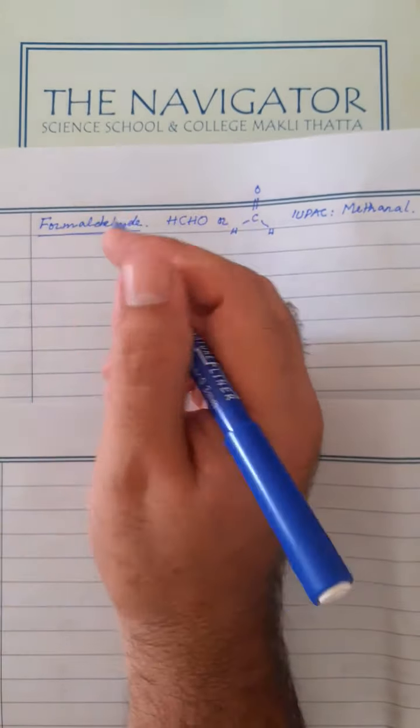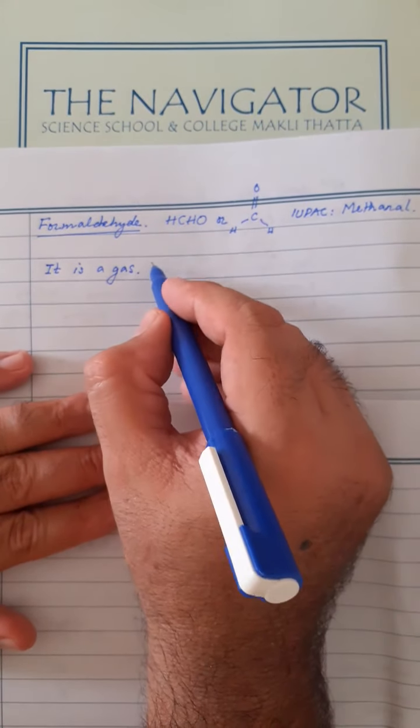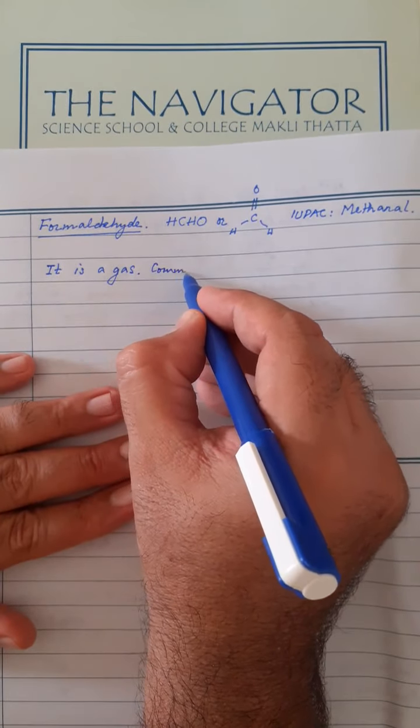Many of you who know about formaldehyde must be surprised listening this that it's a gas, because you have seen it as a liquid. Okay, commercially available as a liquid. Commercially, it is a liquid.